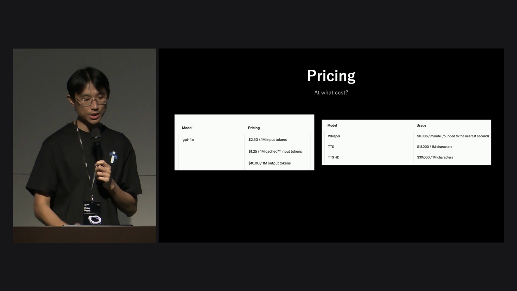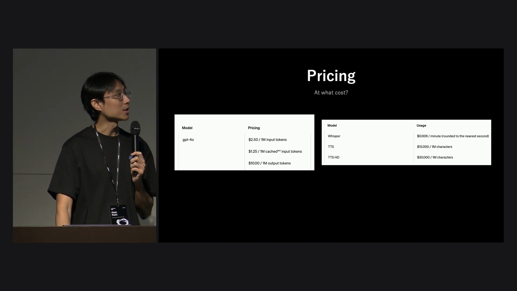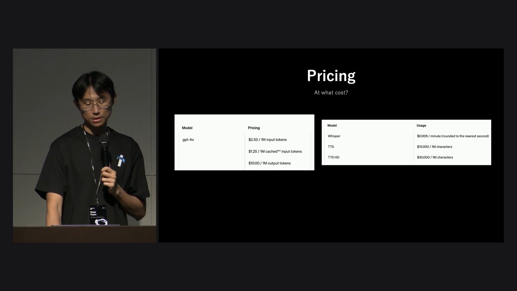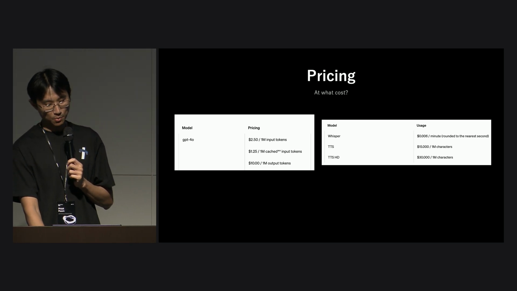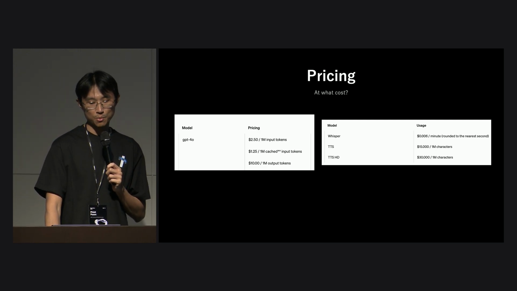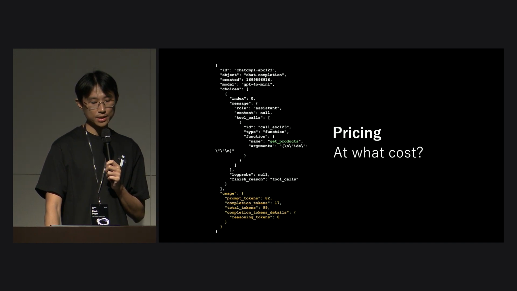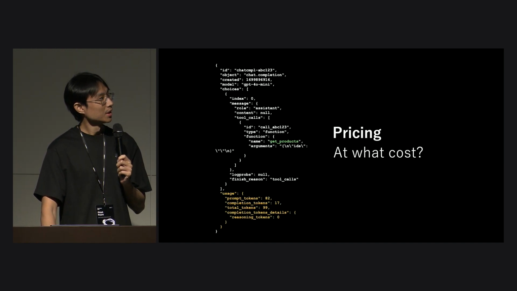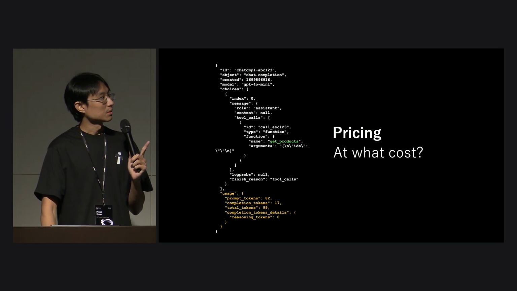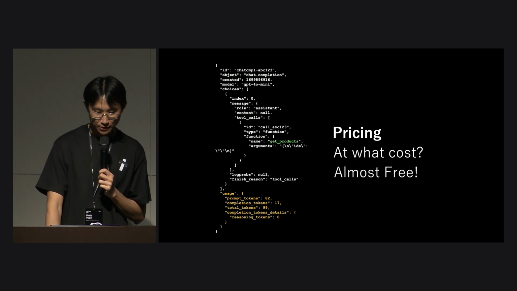So GPT-4o is like $2.50 per 1 million tokens, and Whisper model is like 0.006 dollar per 1 minute of audio. So, and I would say this is very cheap. Okay, because one call will take like 100 tokens. You do the math; it's almost free.